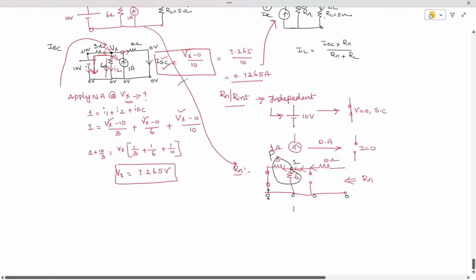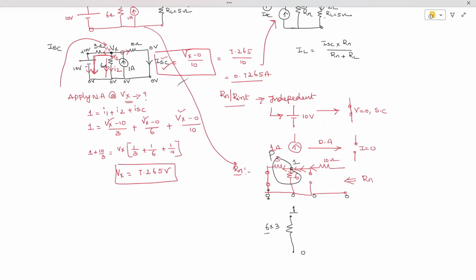Between 1 and 0, these two are connected in parallel, then I'll get one resistor. That resistor value is the product over the sum: 6 into 3 divided by 6 plus 3. And I have another resistor connected between these two, which is nothing but 10 ohm. So 6 threes are 18 by 9, we are going to get it as 2 ohm.